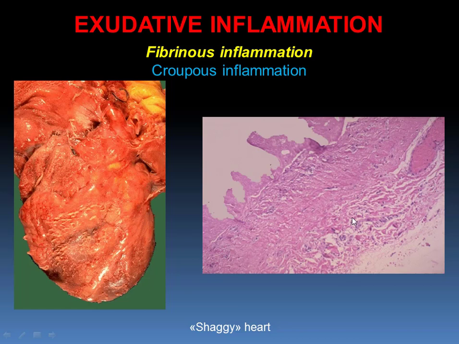Microscopically, we can see the wall of the heart, myocardium, and superficially large depositions of fibrin with some basophilic nuclei of inflammatory cells, which are neutrophils.